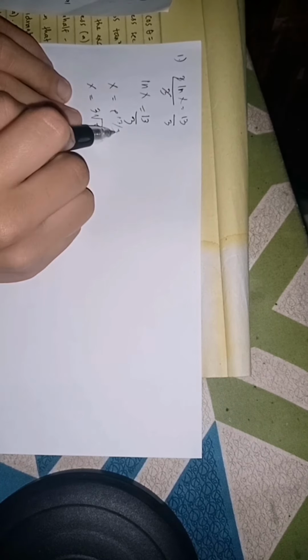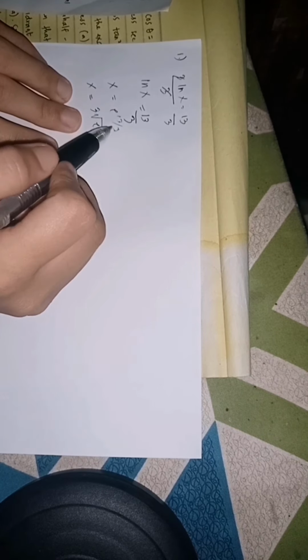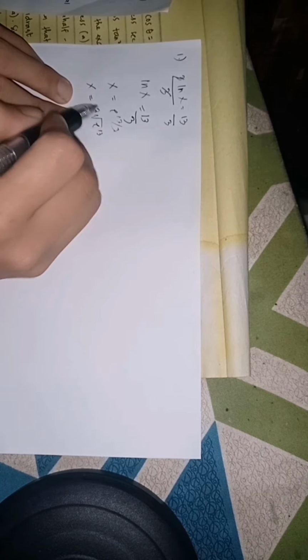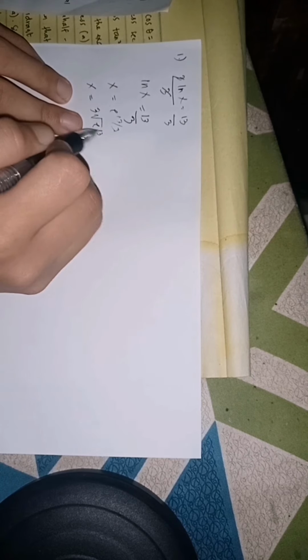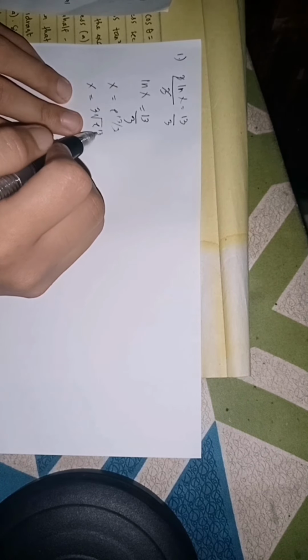The denominator comes out as the root, which is the cube root of e to the 13.